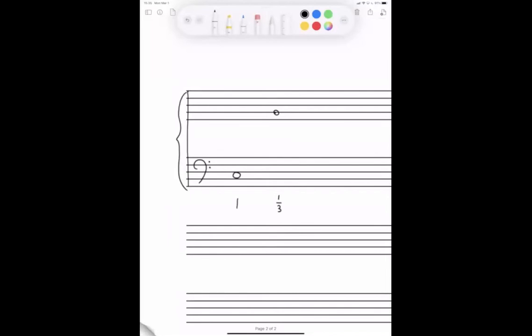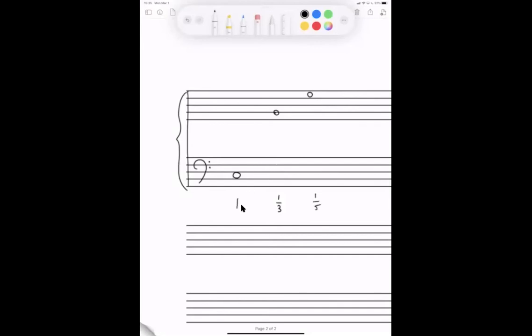Okay, and the reason is that if you had a string of length 1, it would give that C, and then if you would divide the string into thirds, it would give the G a 12th higher. Okay? And then the other one we're going to be concerned with is the 17th, which is the 2 octaves and a major third. And that one is going to be given the number 1/5.